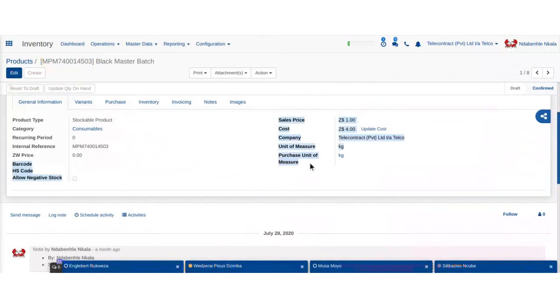You may issue out in kgs, but you may buy in tons. For example, quarry stones: I buy them in meters cubed, but I issue them out in bags, or number of kgs.